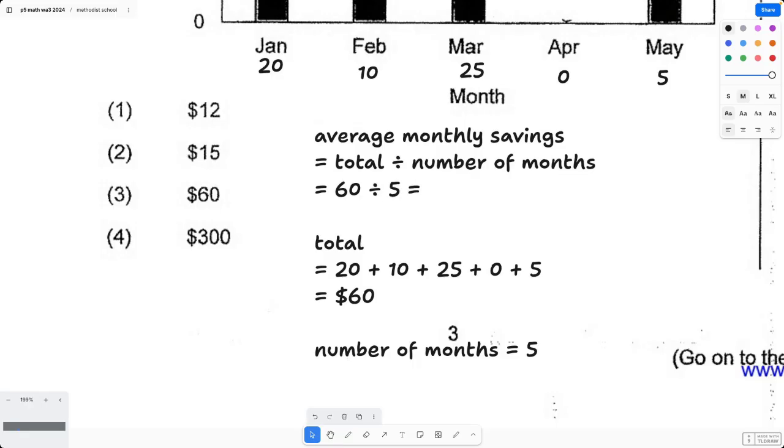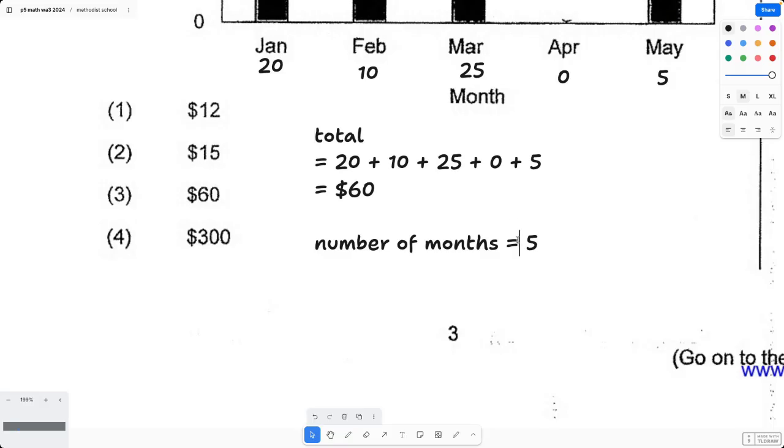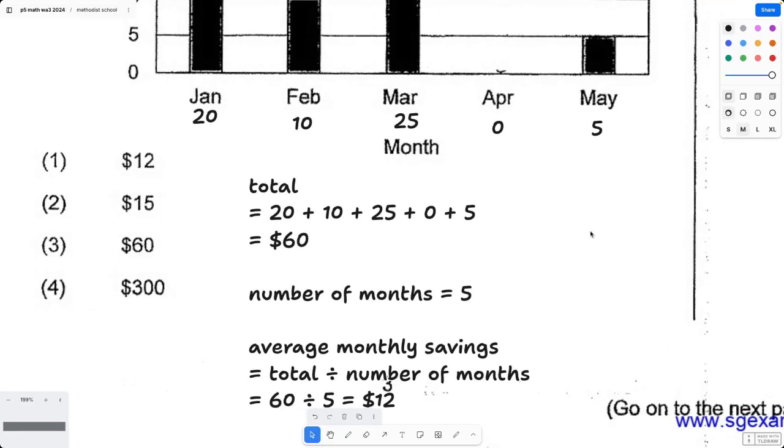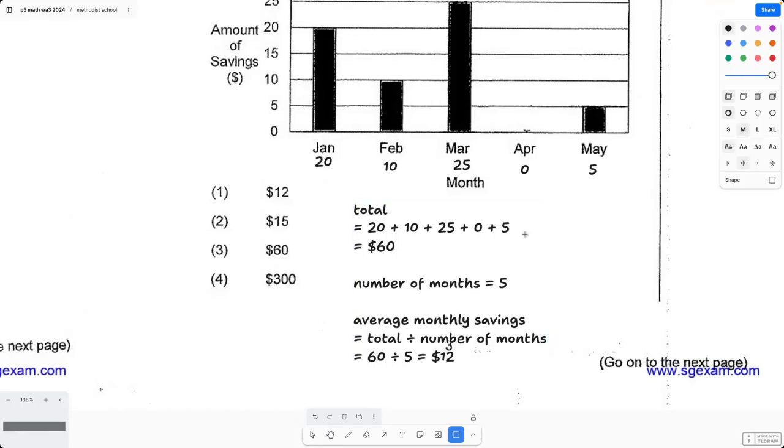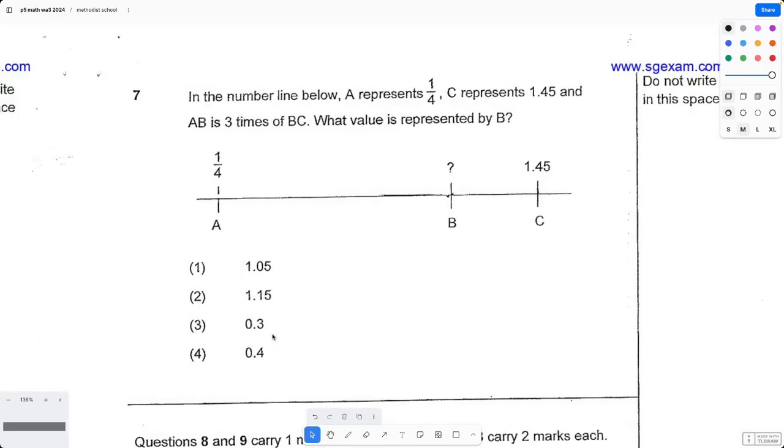This will give us $12. I'm going to put this below so that it's easier for everyone to see. That's the answer. The answer is $12. So in this case, option 1 is the correct answer. Okay, let's move on to the last MCQ.